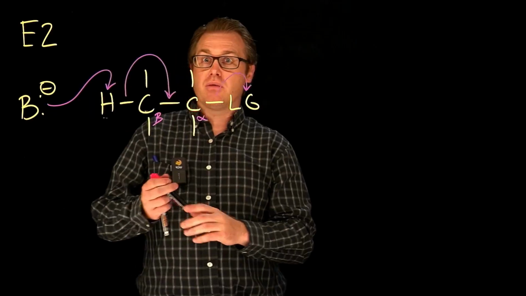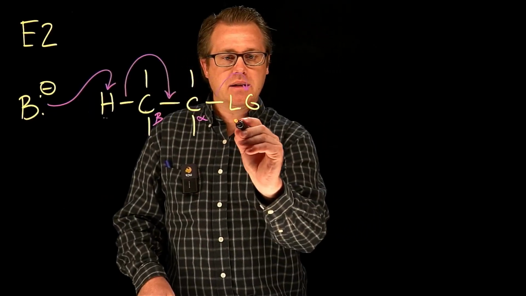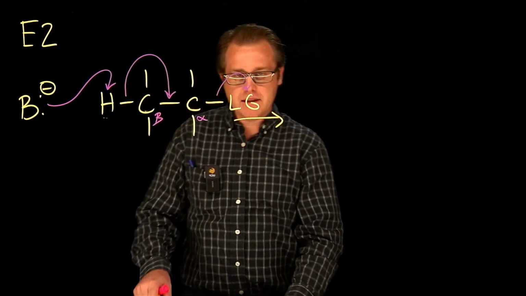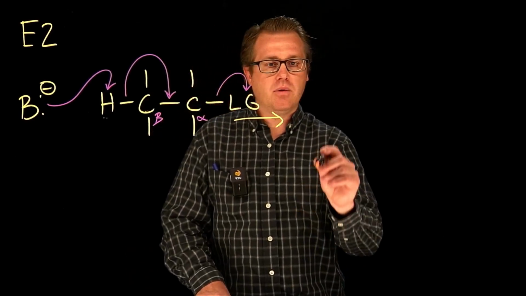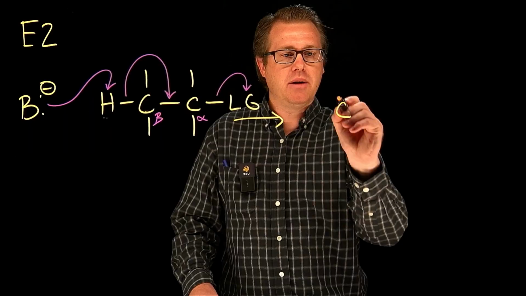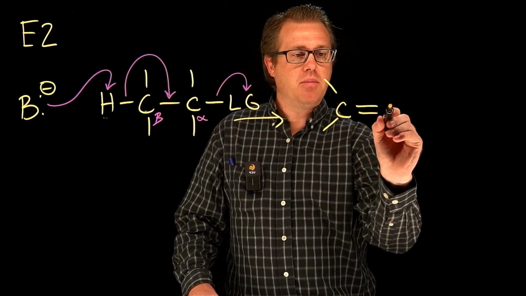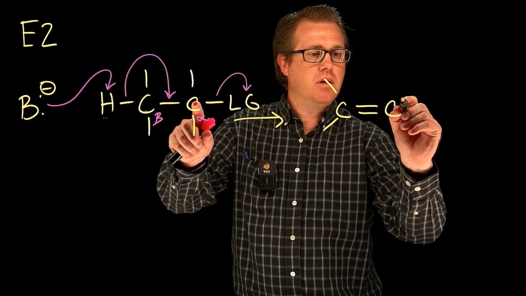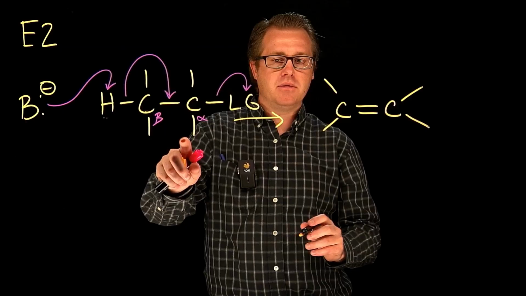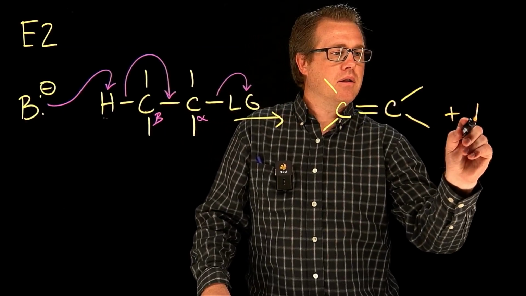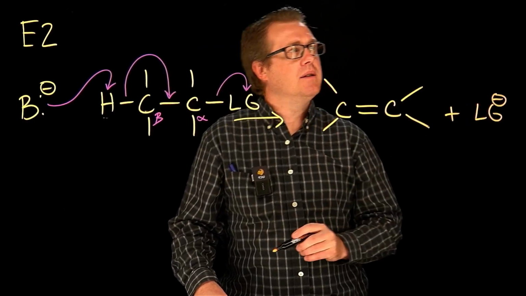See how there's 3 mechanistic arrows in this mechanism? And so what's that going to give us? We're going to have our carbon with those 2 methyls double bonded to this carbon with its 2 methyls plus our leaving group that is going to be negatively charged.